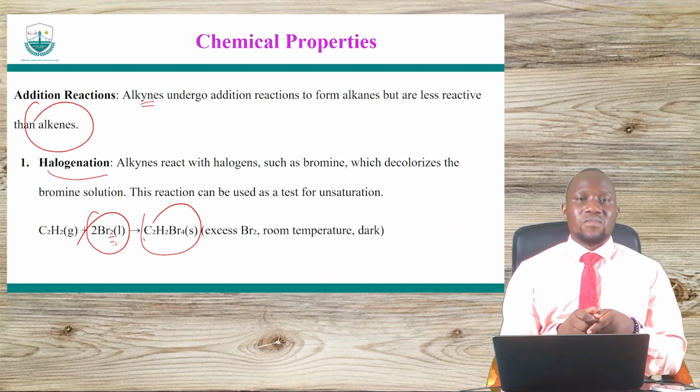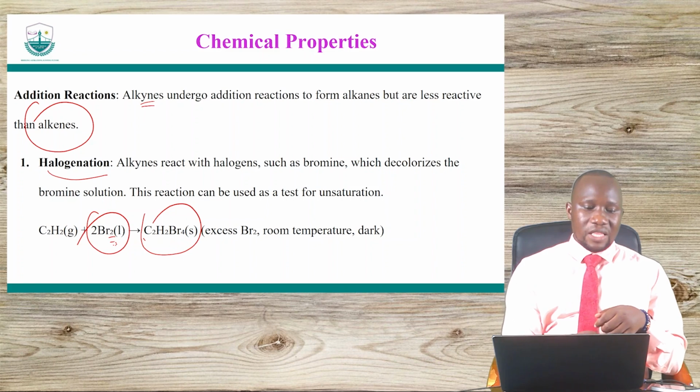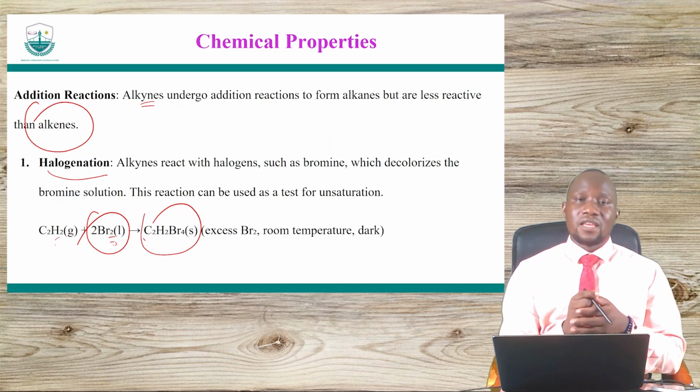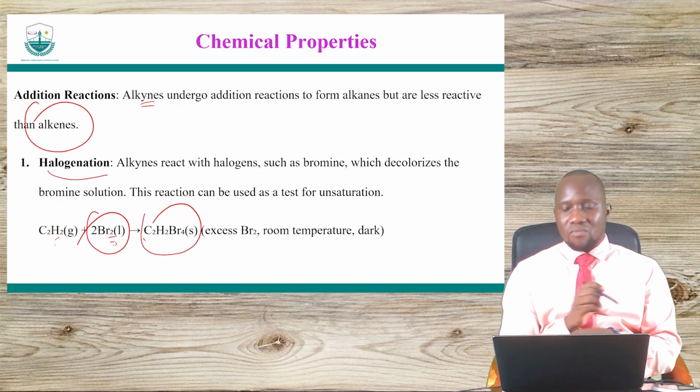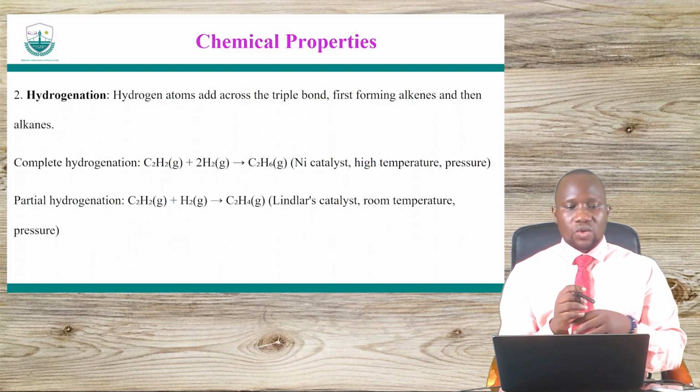So the reaction between bromine, which is a halogen, with alkynes, which in this case we are saying ethyne, is an addition reaction, and we can also call it a halogenation reaction. It decolorizes the bromine water. That's the reaction in there.